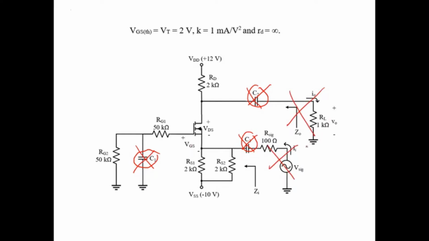So what will happen is you will have the bias circuit only. This is 2K, 2K, this is 2K.